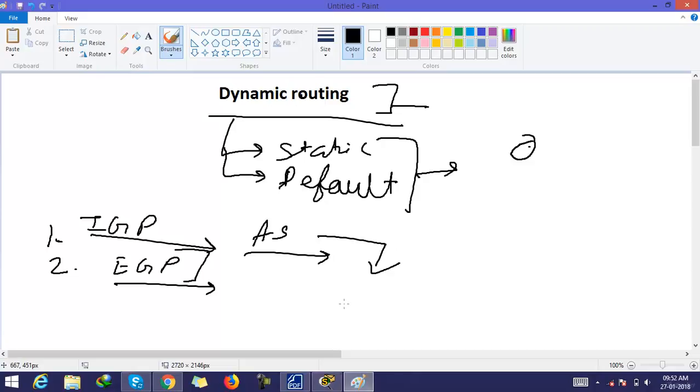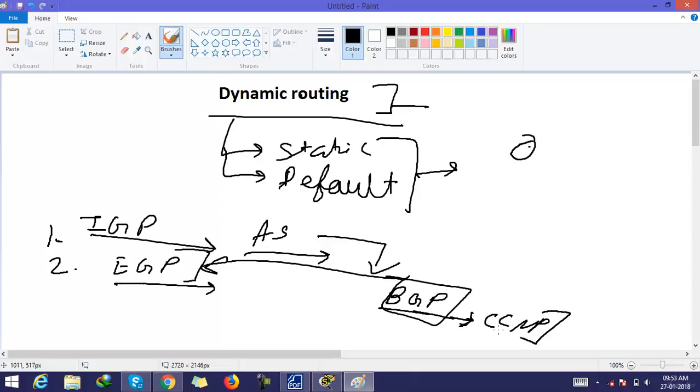An example of EGP is Border Gateway Protocol, that is BGP. BGP is an example of EGP, and it is part of CCNP. RIP, EIGRP, OSPF, these are examples of IGP.